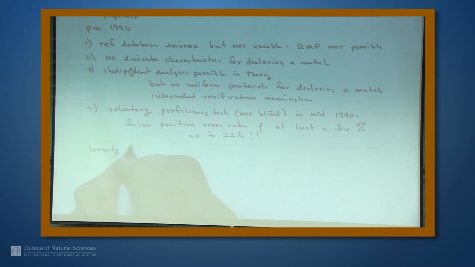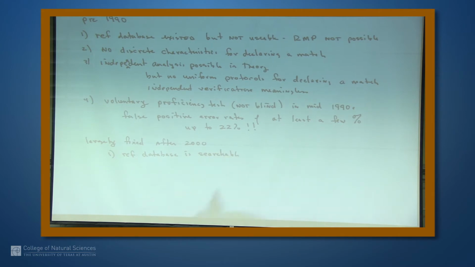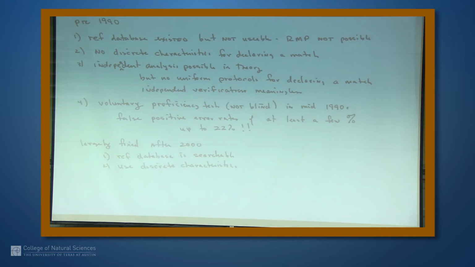This was largely fixed after the year 2000. Just to reiterate these numbers, there is now a reference database that is searchable. They use discrete characteristics, which has to do with certain landmarks they use, and they count ridges and things like that.